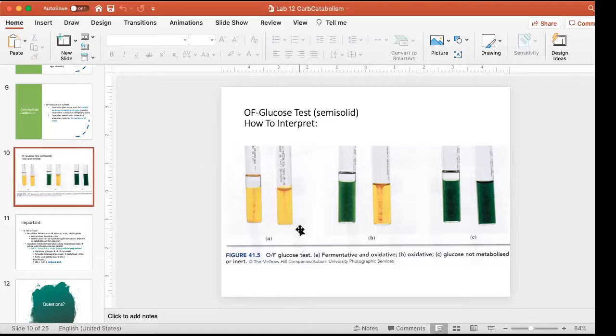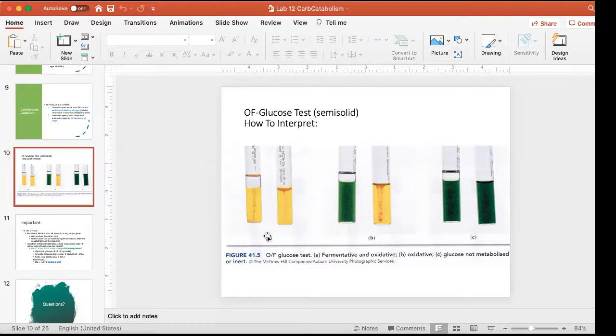We said the medium starts with a green color, and in the open tube and the closed tube, we're looking for the production of acid, because there's an indicator dye in here that will turn yellow when the pH becomes acidic.